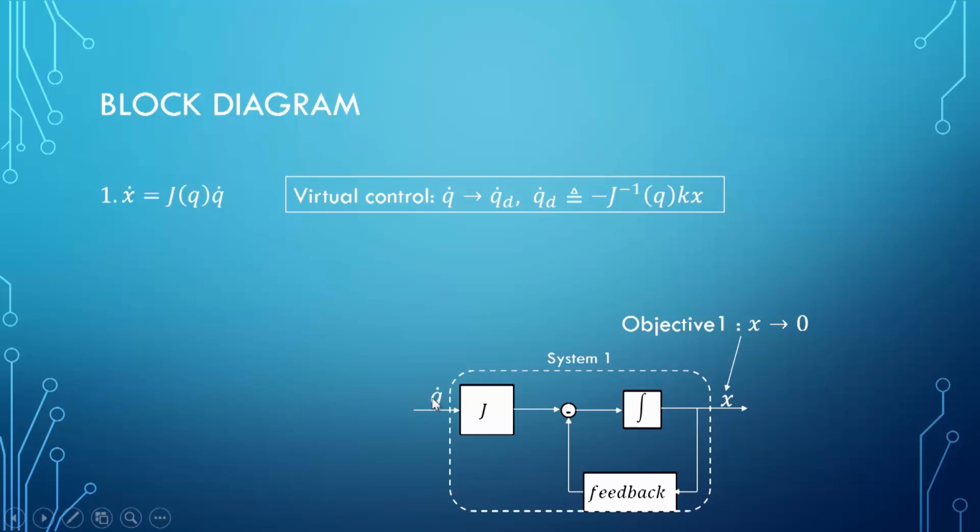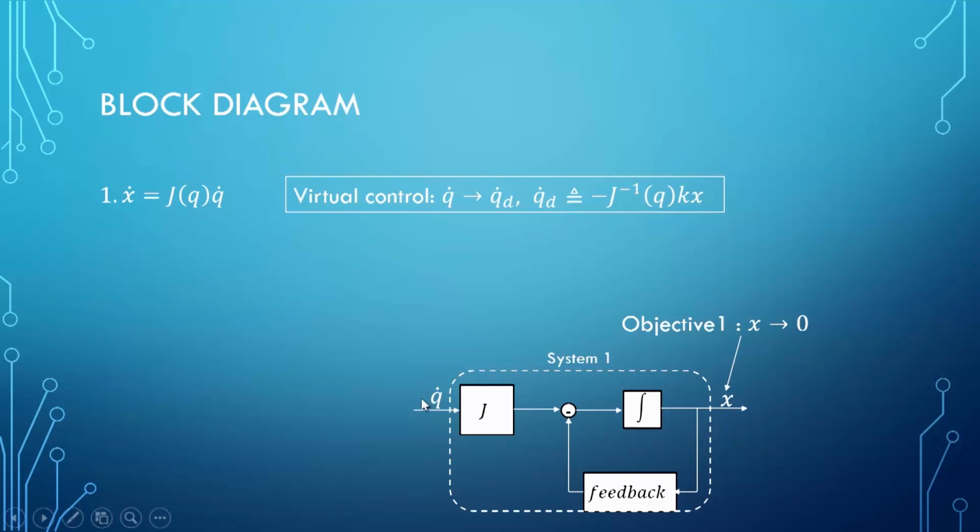But for x to converge to 0 requires a design of a q dot signal. And that signal is qd dot, right?